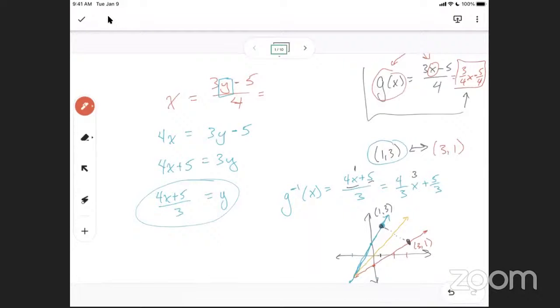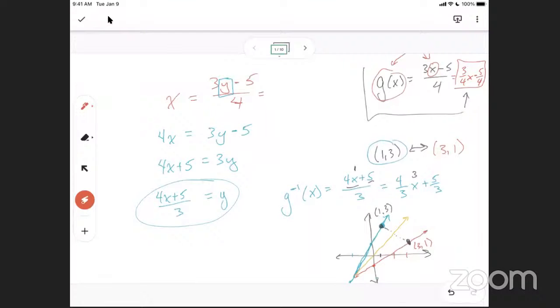So remember that when you're finding inverses, one thing you can do, like I just showed you up here, is interchange the x and the y and then solve the equation. And that'll give you your inverse equation. That's one way if you're given an equation.